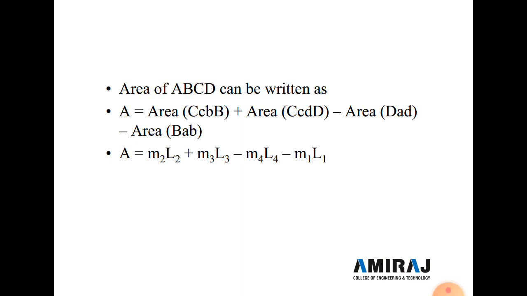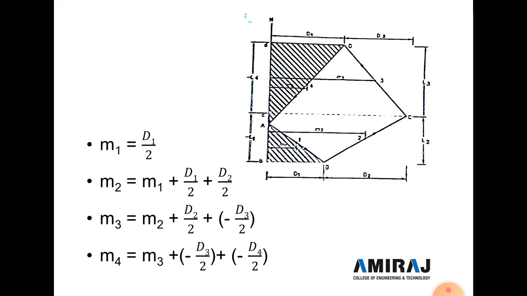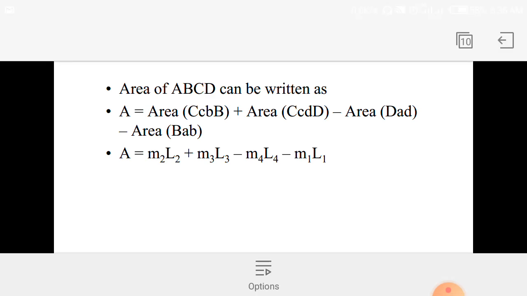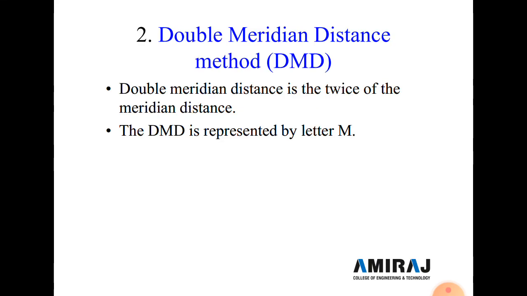Now the area of ABCD can be written as the sum of the areas: A is equal to M2L2 plus M3L3 minus M4L4 minus M1L1. So this is the area for a particular traverse.